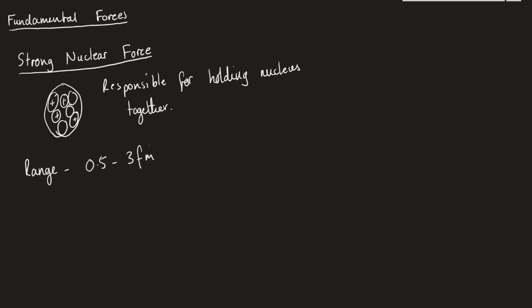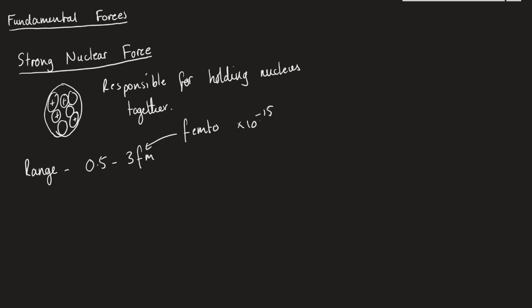Now femto means times 10 to the minus 15 meters. So this is ridiculously small, almost the size of a proton, whose radius is about 10 to the minus 15 meters.